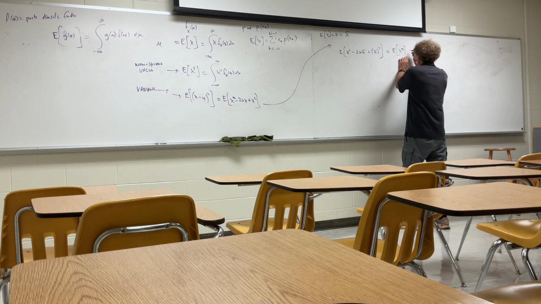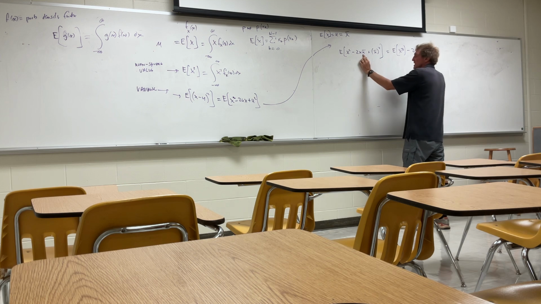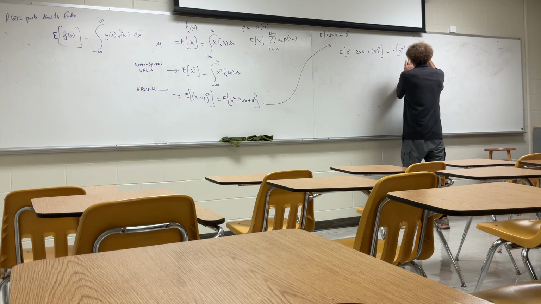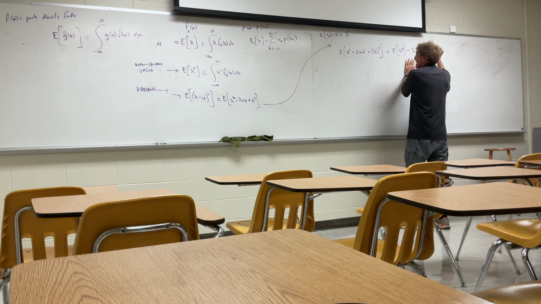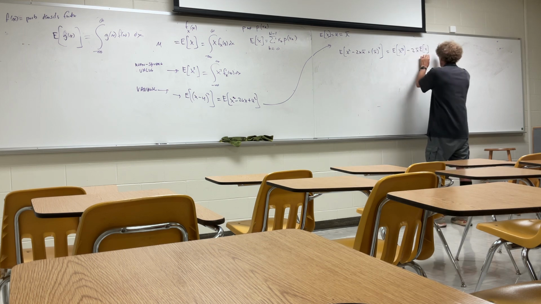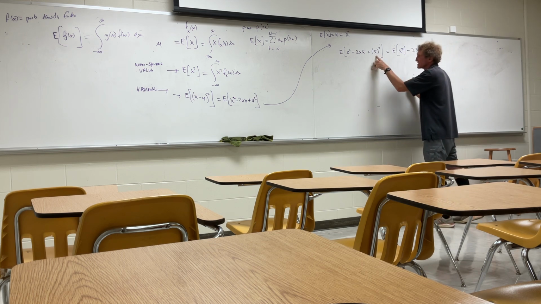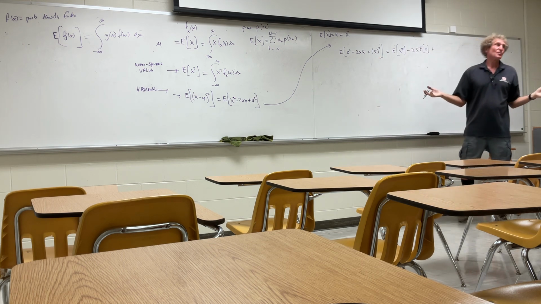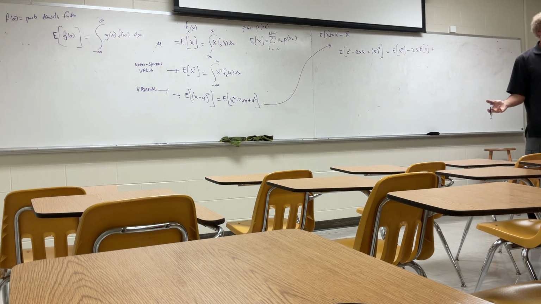And then it's minus, really I can take that 2 out in front, and because x bar is a constant, I can take that out in front, times the expected value of x, and it's going to be plus. Now, I didn't say this, but the expected value of 2 is what? It's as obvious as you say. 2. Right? There's no possible any other value in the universe.